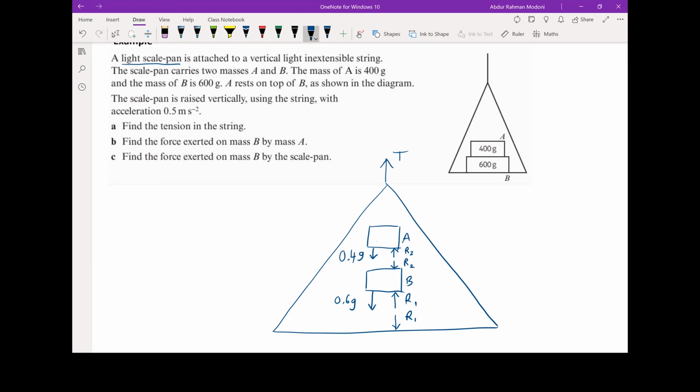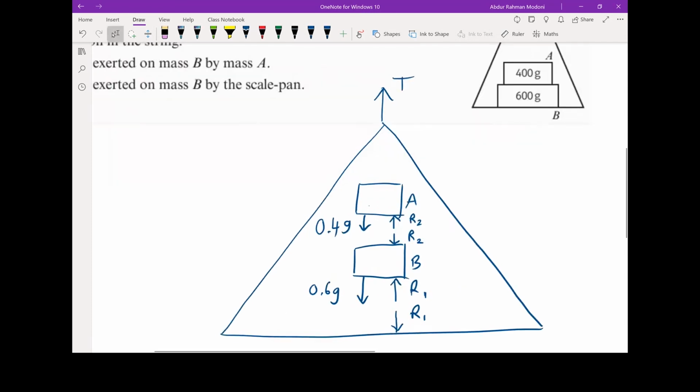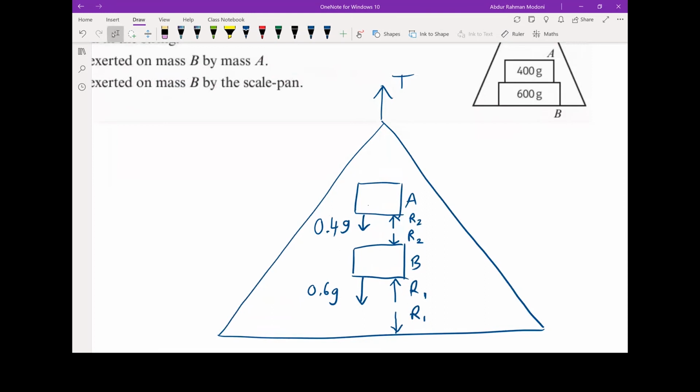That's the reason why I spaced these objects out and did not draw them on top of each other as shown here, but instead spaced them out so that we can draw the forces experienced by each object separately, and each arrow that touches an object indicates the forces on that object.